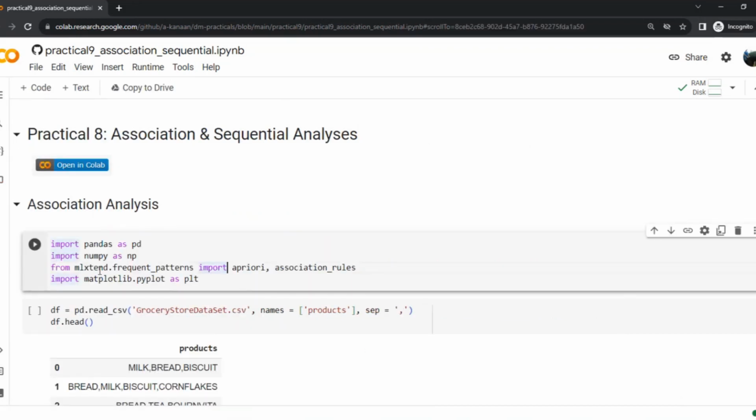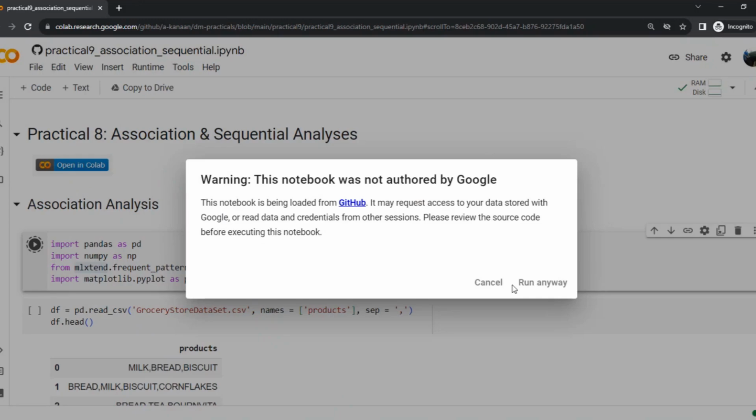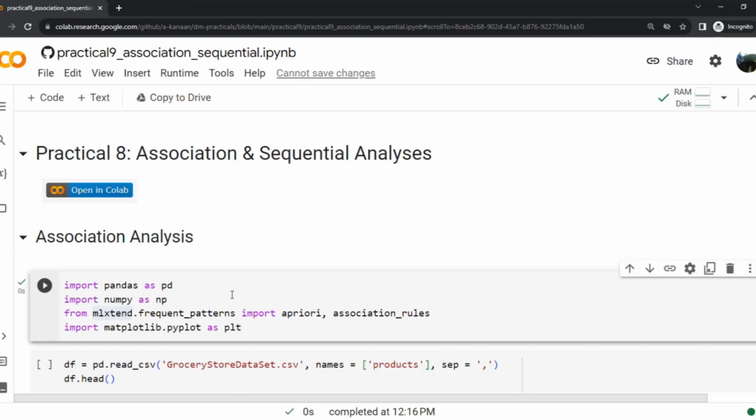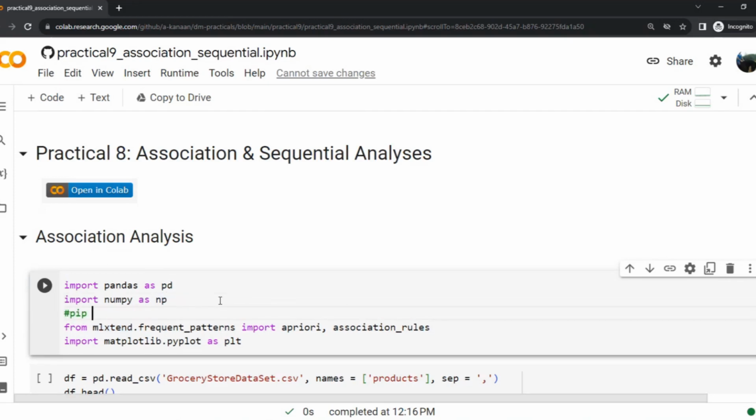For this example, we are going to use MLxtend for association rules. Inside Colab it's already installed, so you don't need to install MLxtend on your Colab environment. But if you are working on your local machine at home, make sure you install this package first. You know how to install, correct? You are experts now: pip install mlxtend.